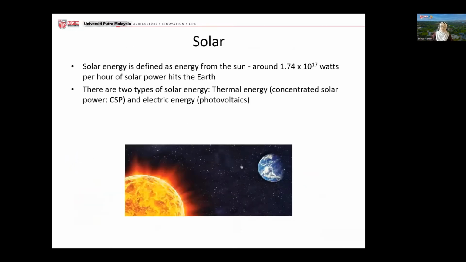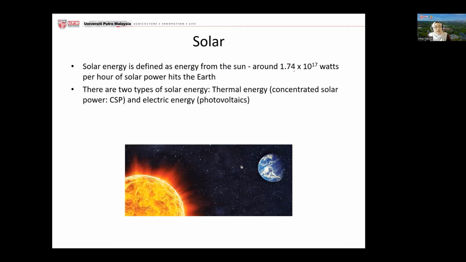So this follows similar themes from last week. We look into each of these resources and how it is used as power and what it can be applied with. We start off with solar. Solar is defined as energy from the sun.